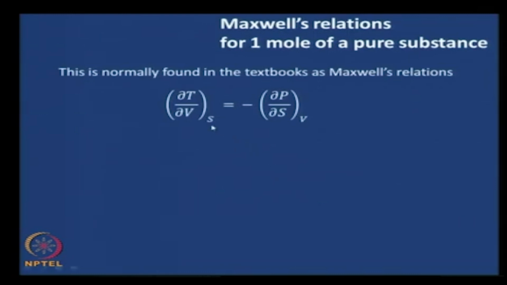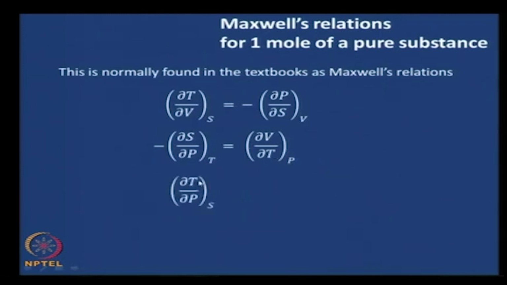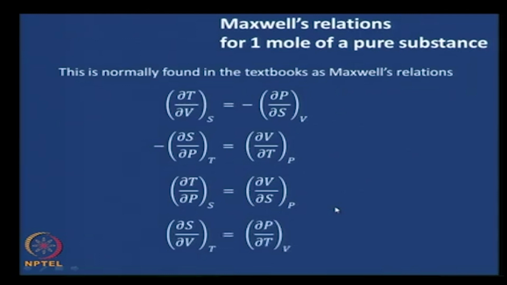Dou T dou V at constant S equals minus dou P dou S at constant V; minus dou S dou P at constant T equals dou V dou T at constant P; dou T dou P at constant S equals dou V dou S at constant P; and dou S dou V at constant T equals dou P dou T at constant V. You would want to compare these expressions. I would like to do that, I do not want to go back now.